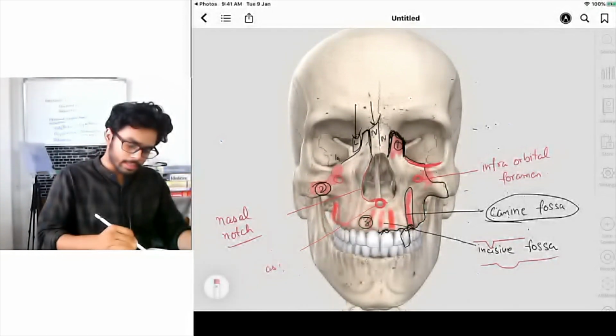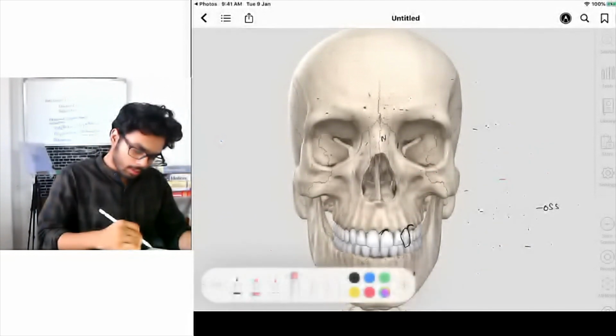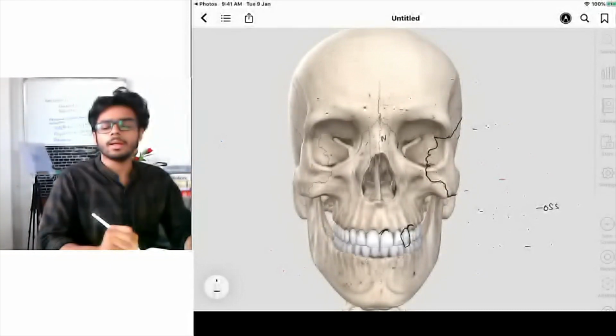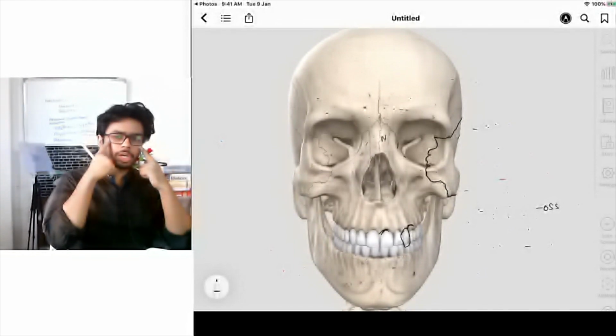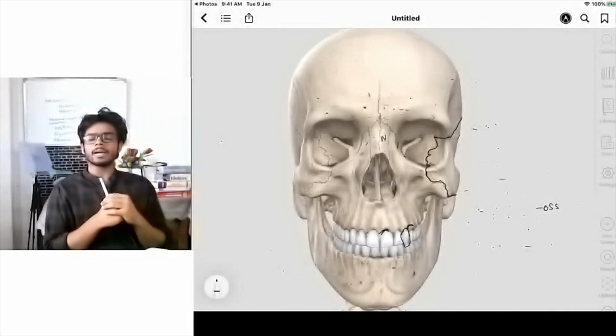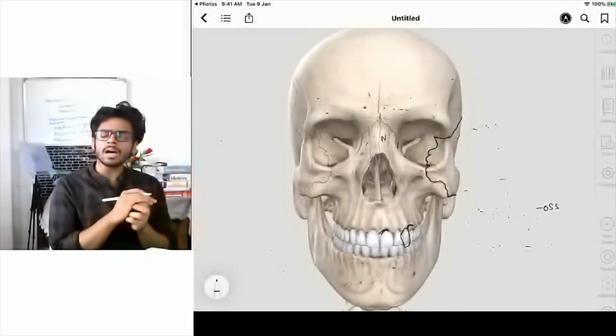Am I clear? Now we will study the zygomatic bone. This bone is known as zygomatic bone. Zygomatic bone forms the prominence of the cheek. When you touch your cheek on both sides, you can feel the prominent part. That is known as zygomatic prominence, and there is a zygomaticofacial foramen on this surface.